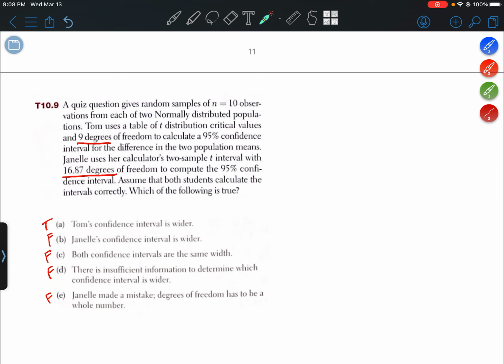It's called the conservative approach. The calculator actually uses a very sophisticated method to get the degrees of freedom, which is why it ends up being a decimal, not even a whole number. That method is actually a bit more accurate. Either way, College Board is going to accept either the conservative approach, which is what Tom did, or the more accurate approach, which is what Janelle did.